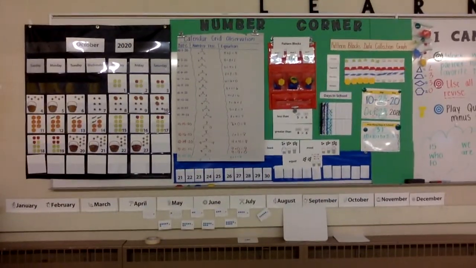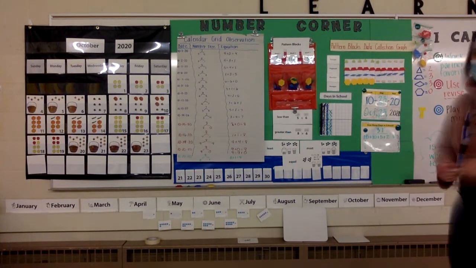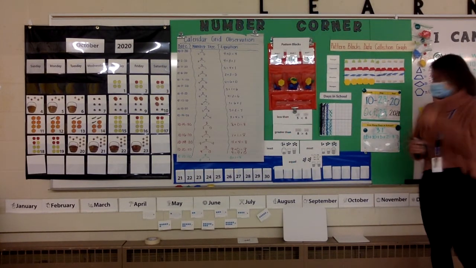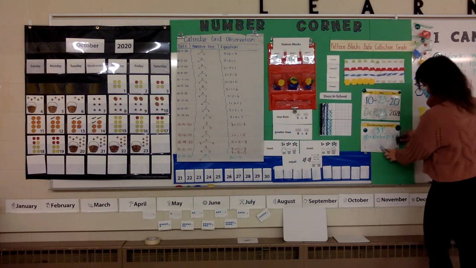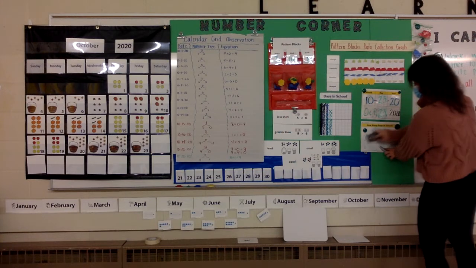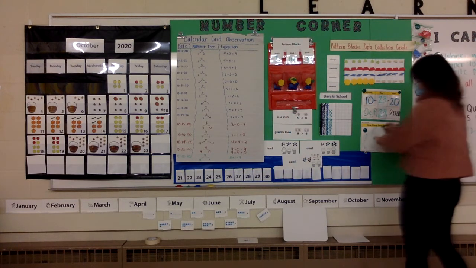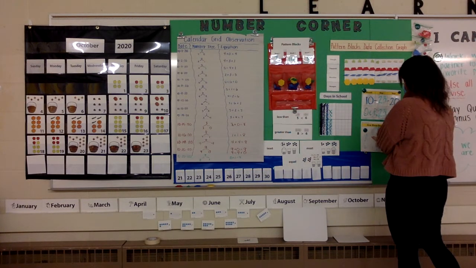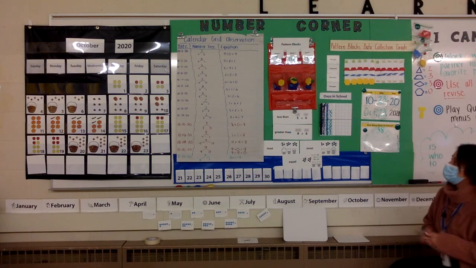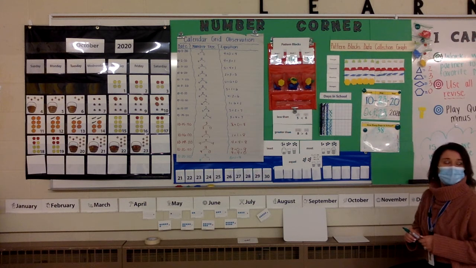Does nobody else know the answer? Adele, what do you think? How'd you figure that out? Because you know it's 30, and then there's 10, so that's past 35. And then there's 3 more, which 5 and 3 is 8.